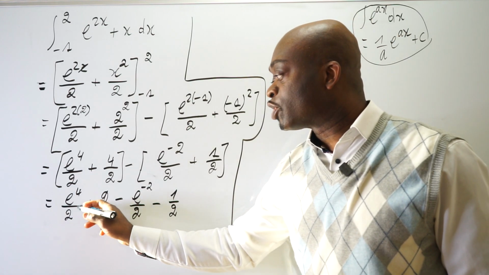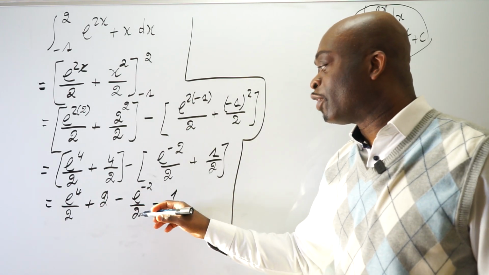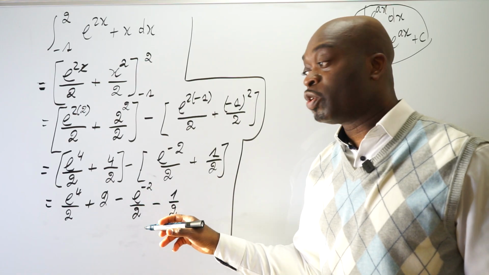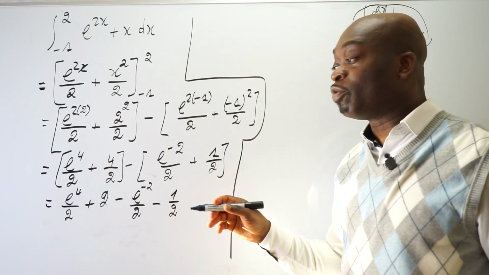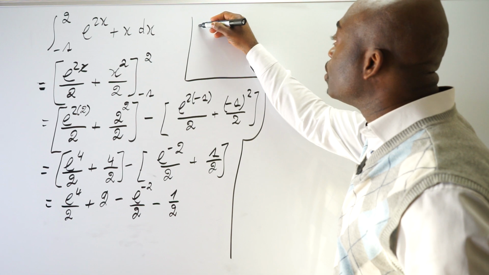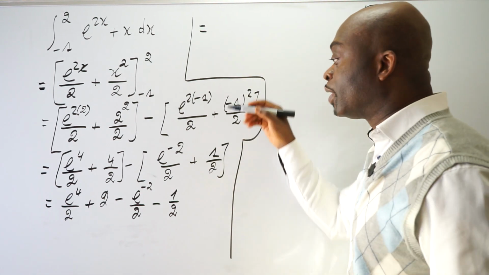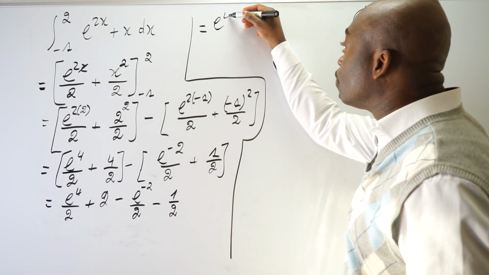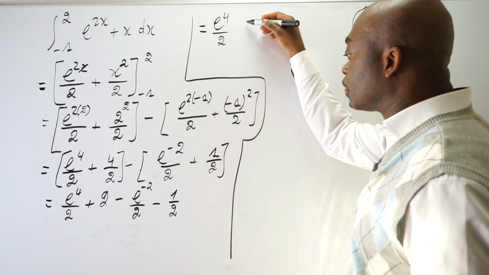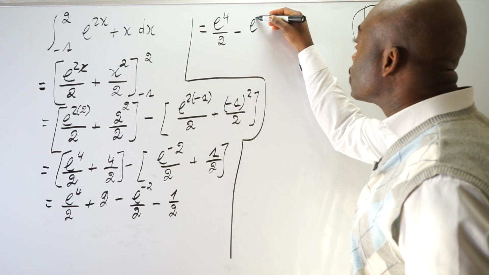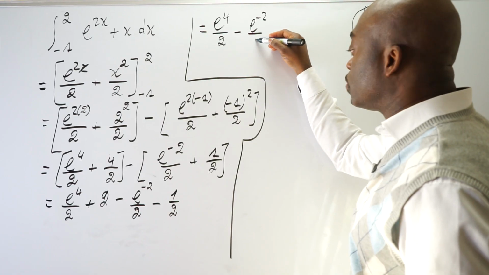As we can see, exponential 4 over 2 is different from exponential -2 over 2, so we are not going to combine them. We can just put them one next to the other: exponential 4 over 2 minus exponential -2 over 2.